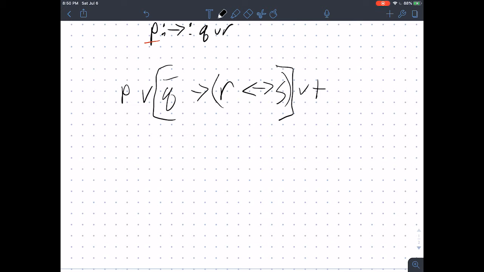Yeah. Okay. Actually, let's make this a conditional. And then let's do it like this. Okay. Is that well formed? Yeah, it's well formed.